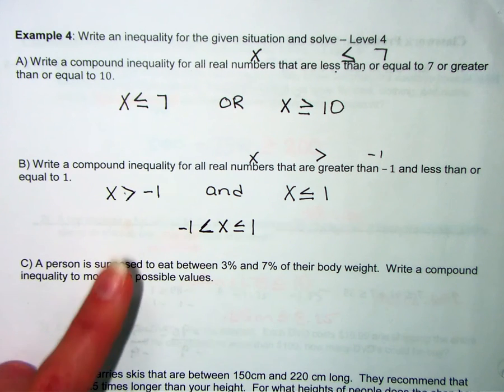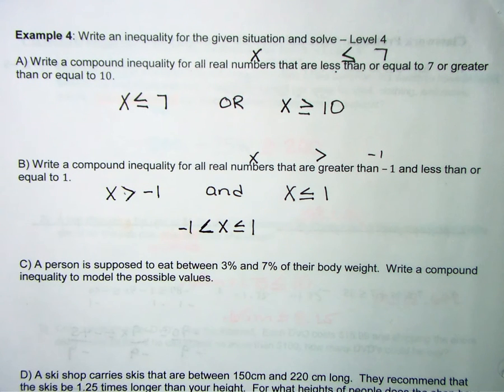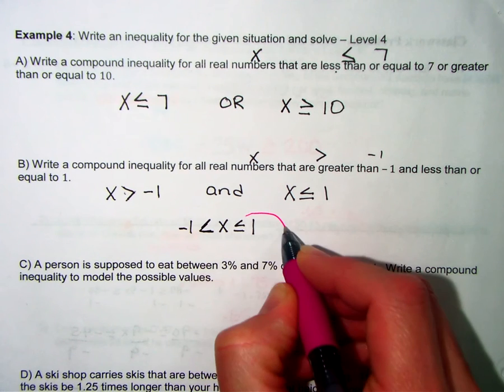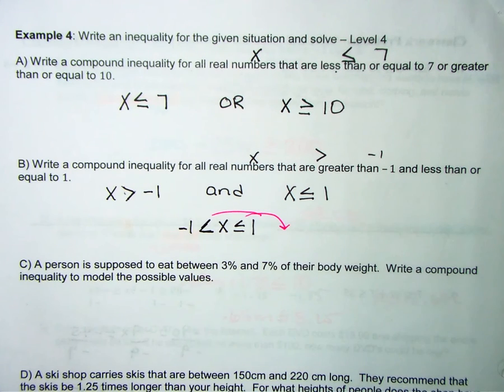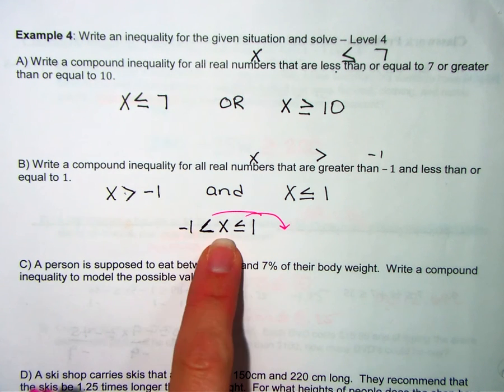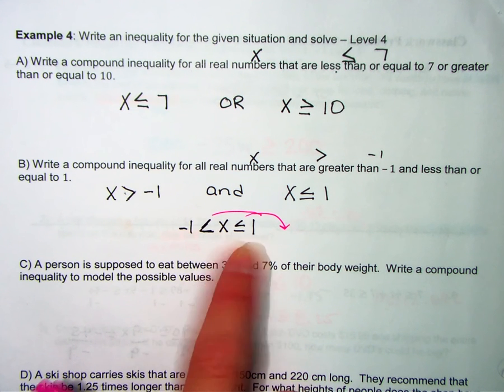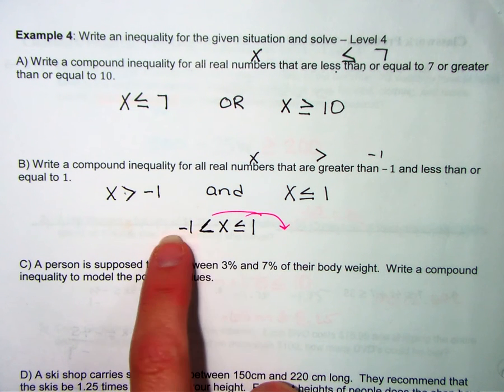Okay, so notice one thing. We're going to notice this because on the next one, we're going to go straight into this setup. What we want to notice here is that both of these symbols are pointing left. Their point is facing to the left. They're both less than symbols. It doesn't say less than because you always read it from the x. So x is smaller than or equal to 1, but x is bigger than -1.